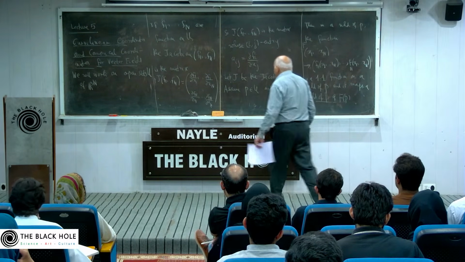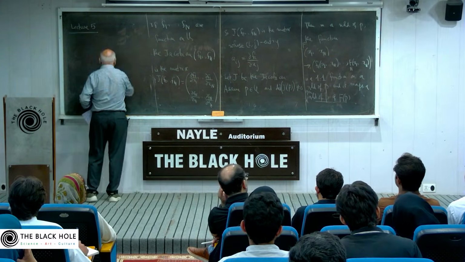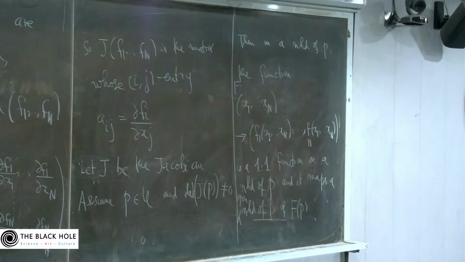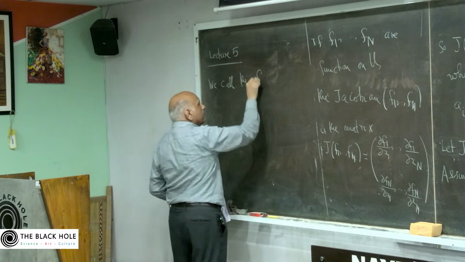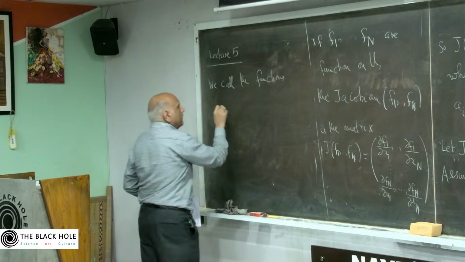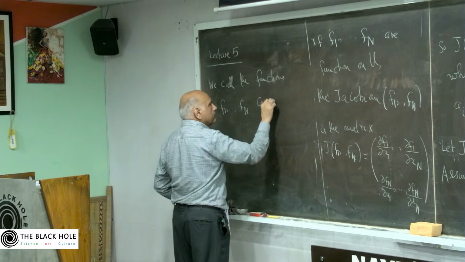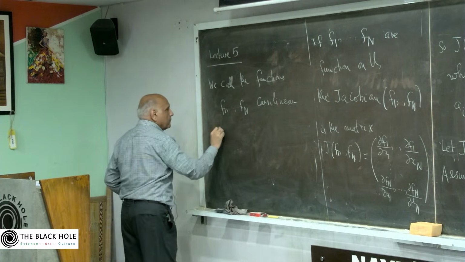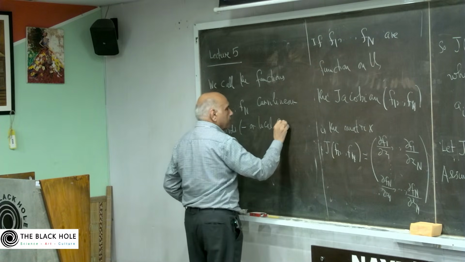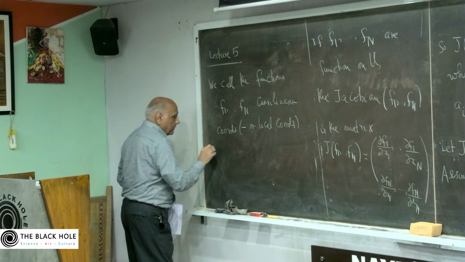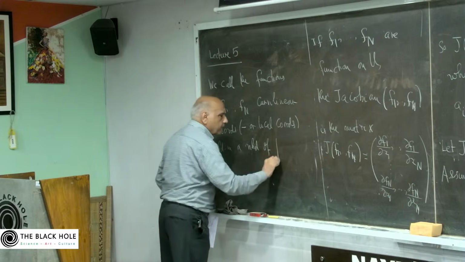For this reason, we call these functions f1 up to fn curvilinear coordinates or local coordinates defined in a neighborhood of P. Okay.